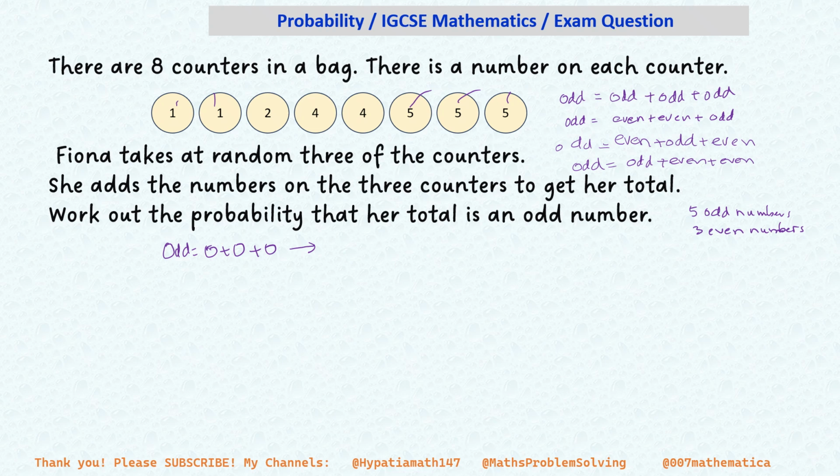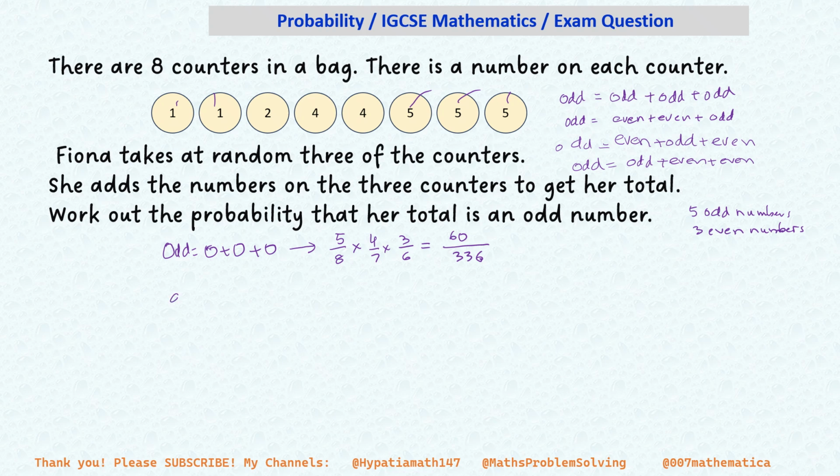Then the probability of the first number being odd would be 5 out of 8. The second one is odd, that would be 4 out of 7, multiplied by 3 out of 6. And that would give me 60 out of 336. So that's the first case.